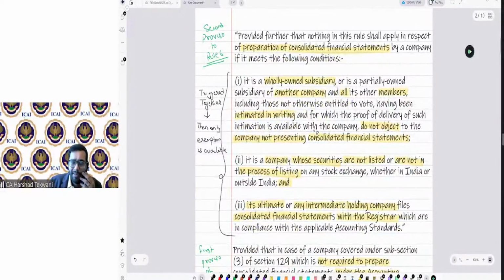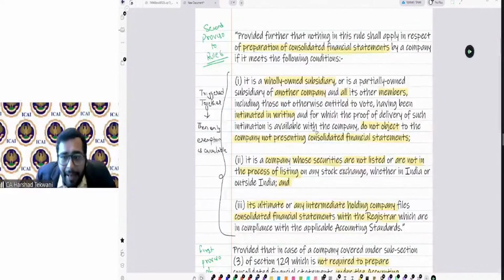What should I do with that exemption? See, I'll tell you one thing. If you compare the exemption given in Rule 6 and the exemption given in Ind AS 110, why there are two separate set of exemptions, that we need to understand first.